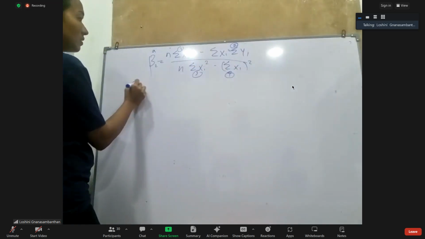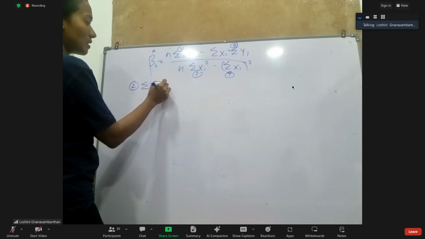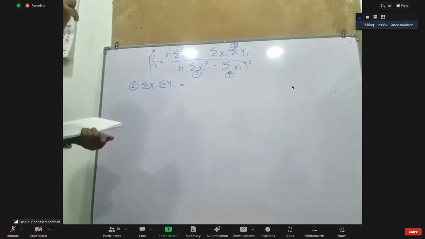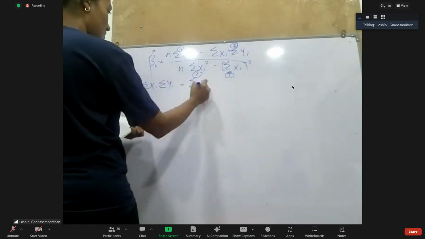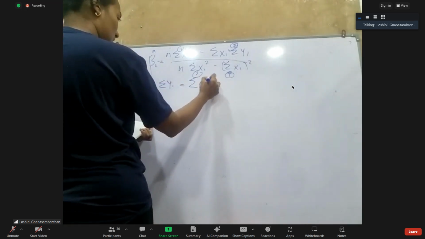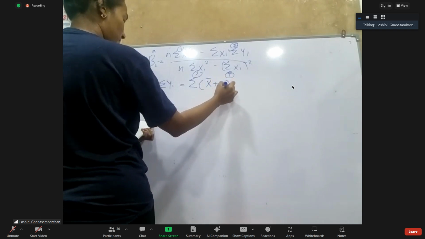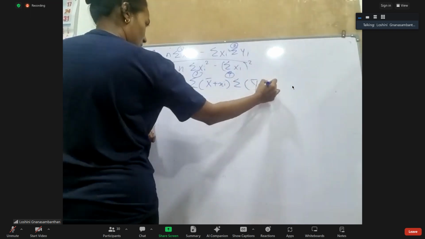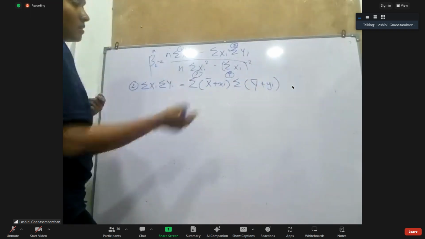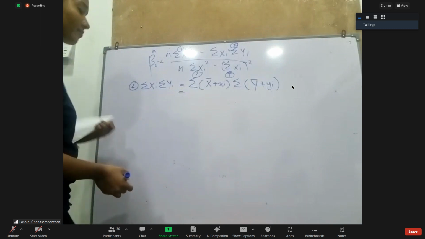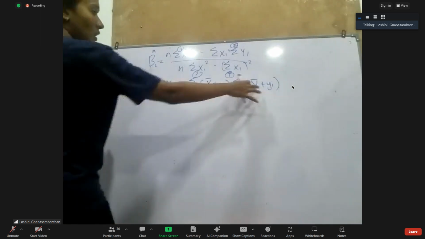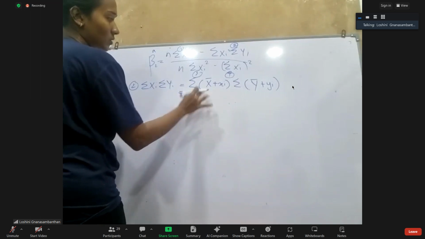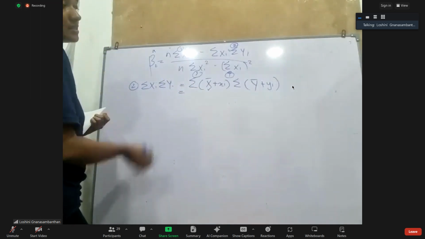Okay, so second, sigma xi sigma yi, right? So we can do this like sigma xi equals x bar plus simple xi, into sigma yi equals y bar plus simple yi. Right, then you can solve it inside one by one. Sigma, this is the constant now. Now you see this constant is alone.